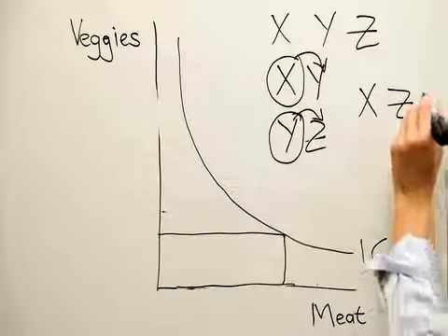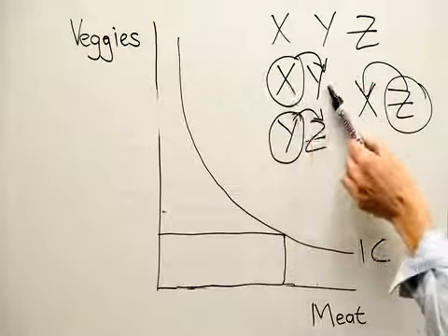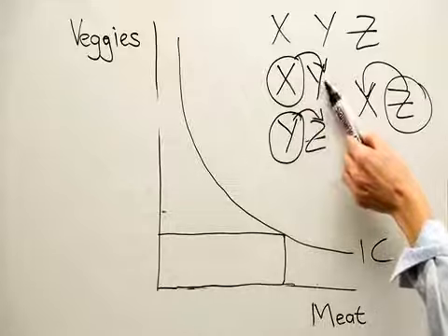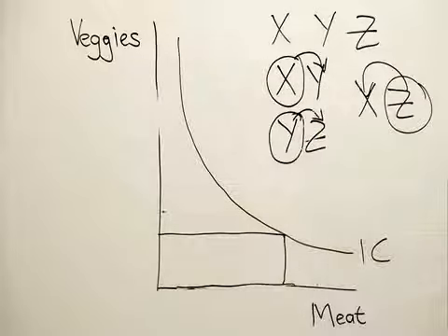You can't suddenly prefer Z to X, because in the scheme of logic, if you prefer X to Y and Y to Z, Z must be the least preferable item in the choice in this example of 3.